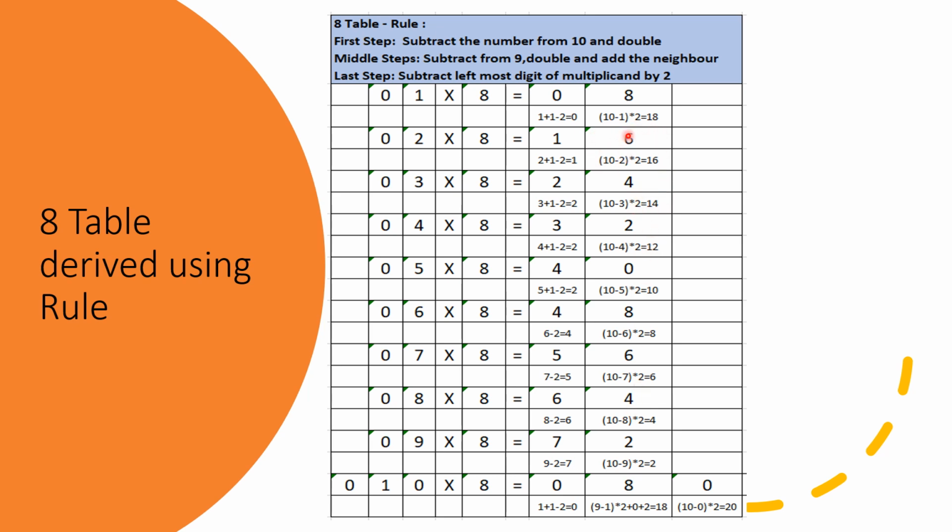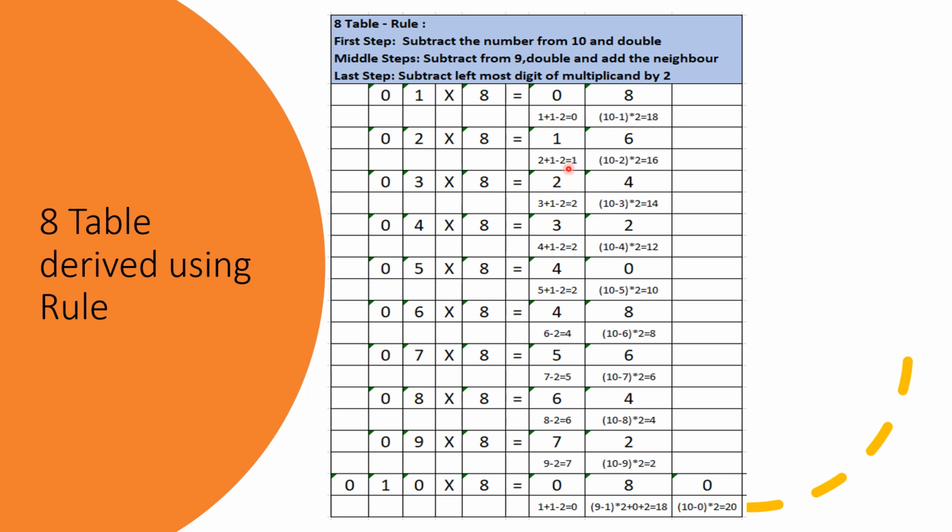Since these are double digit numbers, we are carry forwarding that particular 1 towards the next digit. So if we consider this particular digit 0, here we will have to take the leftmost digit, that is 1, plus 1 as carry forward, and minus 2, equal to 0.